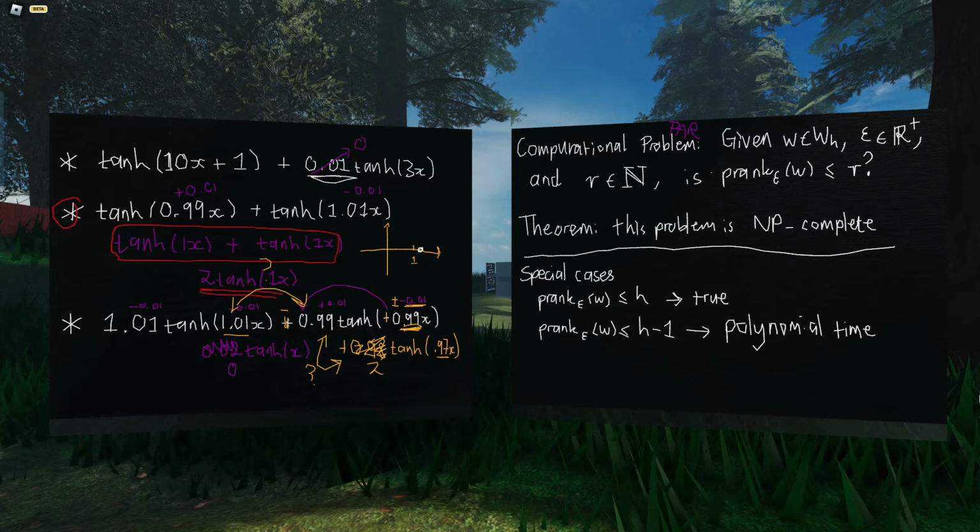You have 1.01, 0.99, and 0.97. And let's say our tolerance is 0.01, so that you could choose to cluster these two and leave this one alone, in which case you'll end up with rank 2.